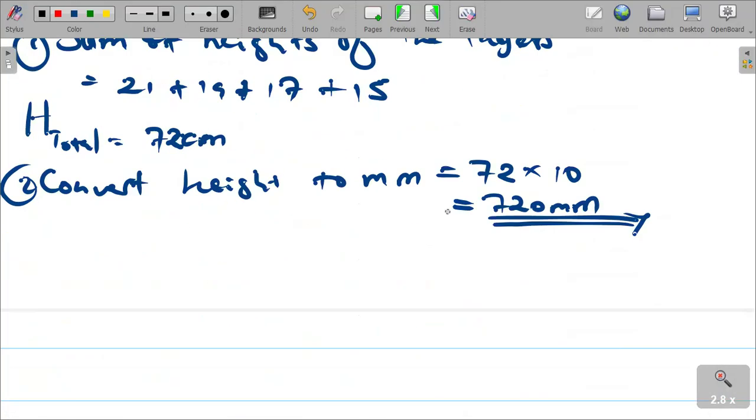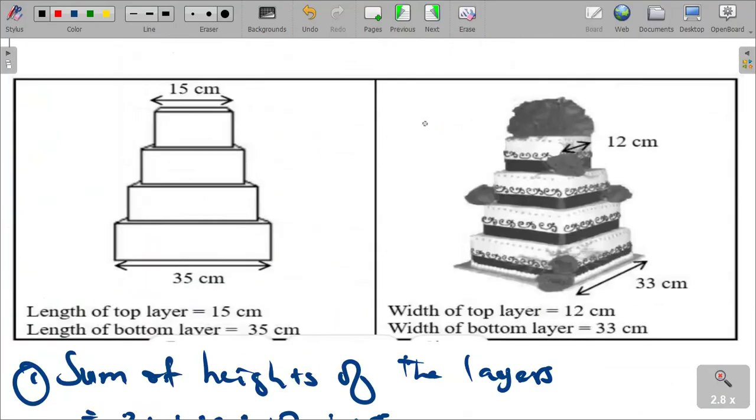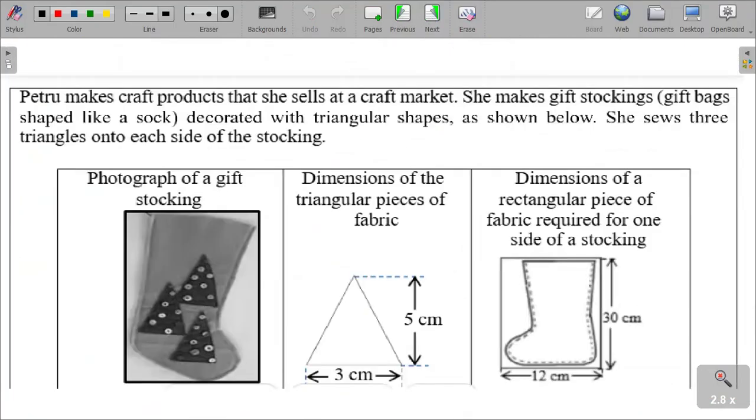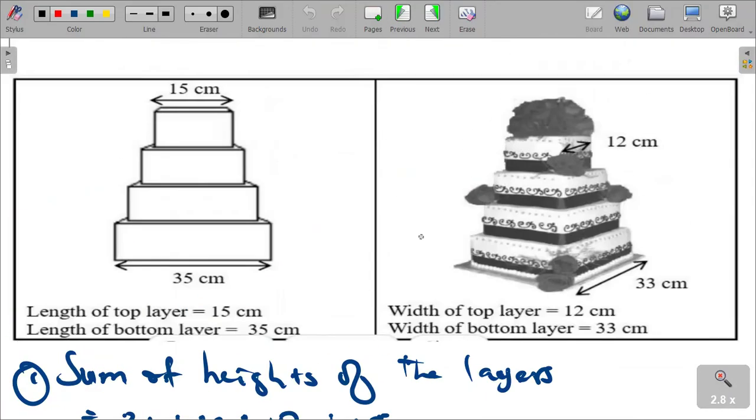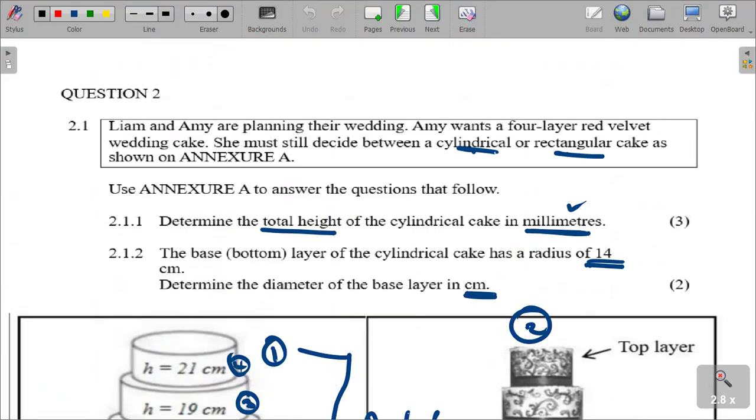The radius of the base layer is 14 centimeters, and the diameter d is twice the radius.